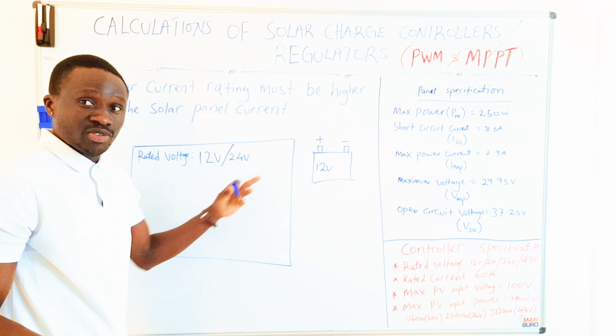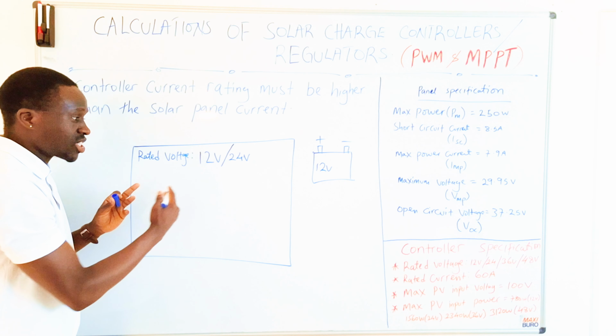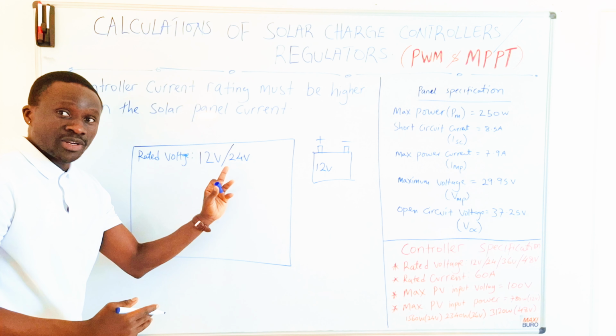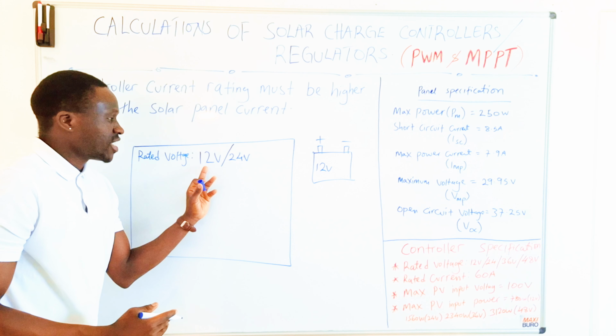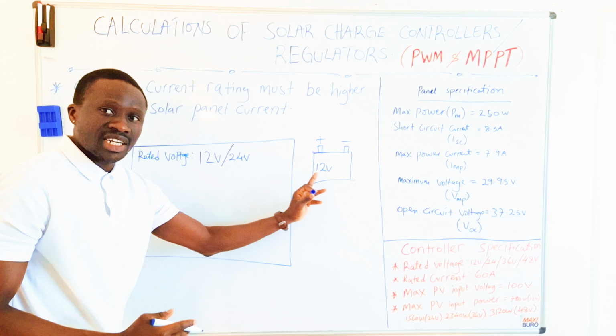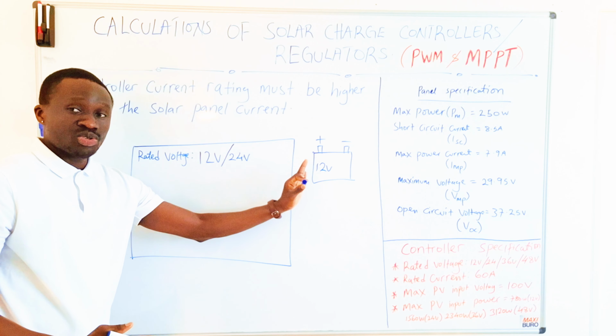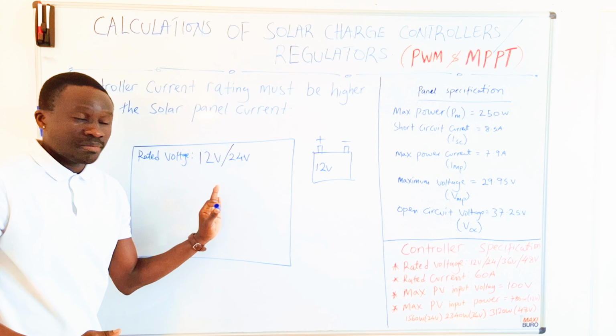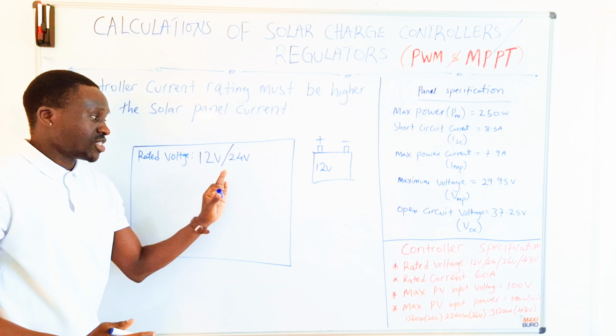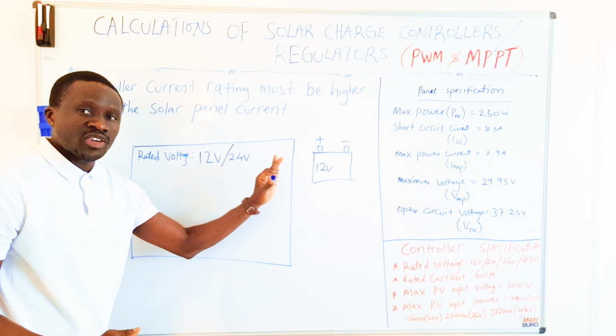Behind the regulator you'll find a technical sticker with this information. These voltages must match exactly the voltage you're going to use. If the 24 is not there, please don't use this regulator. Use a regulator which supports 24 volts.